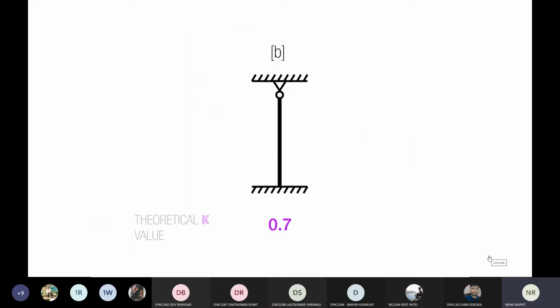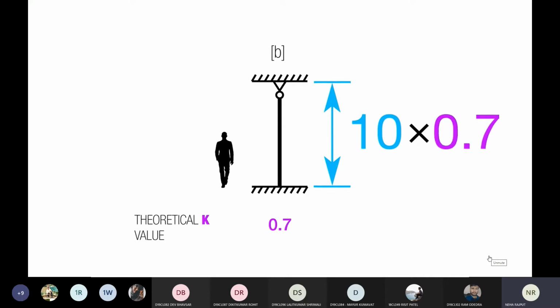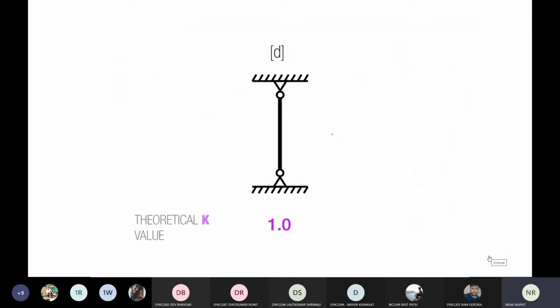If we look at this one here, if we have a column that's fixed on the bottom and has a pin connection on the top and it's 10 feet long, in terms of its likelihood of buckling, we're going to multiply it by 0.7, so a 10-foot column will look more like a 7-foot column when we size it for buckling. And then this is our baseline. We have pin connections at the top and the bottom, which means it's rotation free and translation fixed.